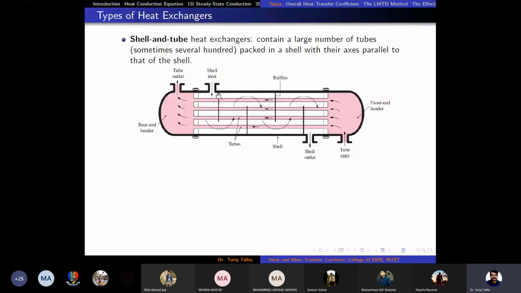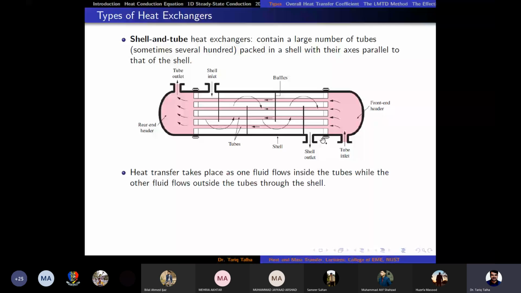So one function of that baffle is to support these tubes, because these tubes need some support to be in this shell. So they also provide that support, and as well as they also give us more surface area for the heat transfer by the zigzag motion of shell side fluid.